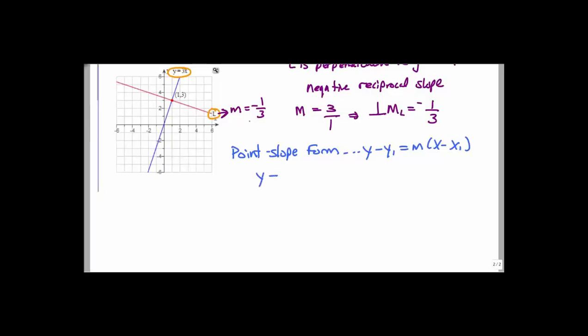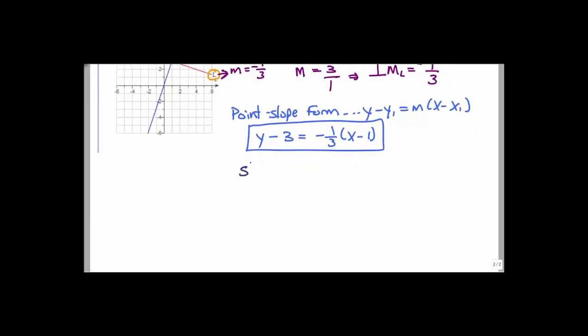So we have y minus y1. Now this is the point that we want to use, the (1, 3). So I'm going to have y minus 3 is equal to negative 1/3 times x minus 1. And again, the 3 comes from this point, and the 1 comes from the x value. So this is my point-slope form.